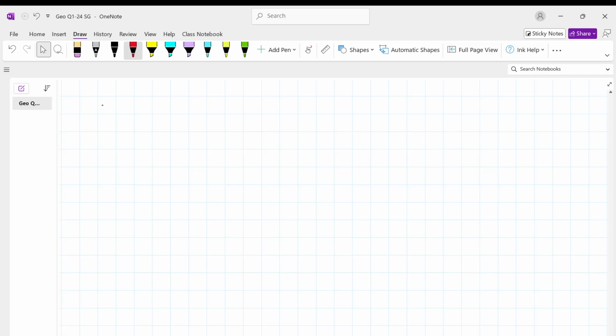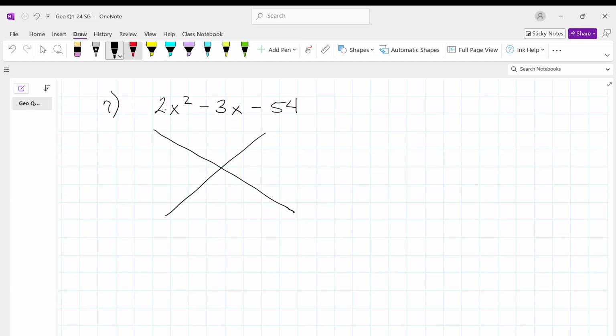All right, problem number 7: 2x squared minus 3x minus 54. A times C goes up top.